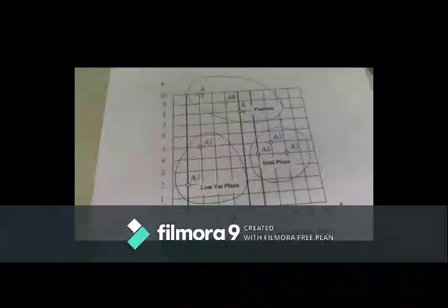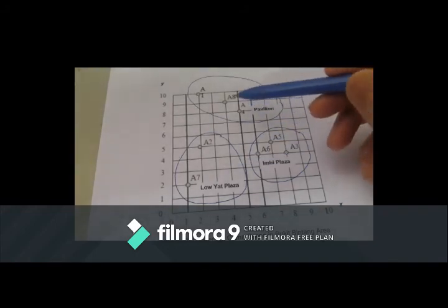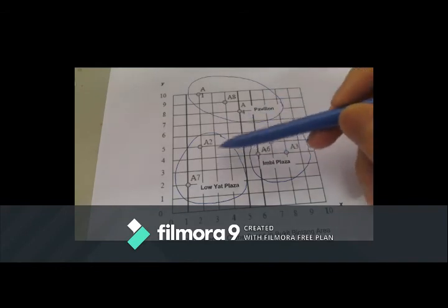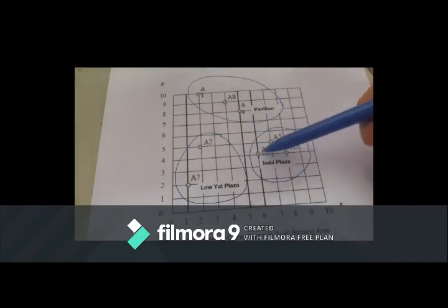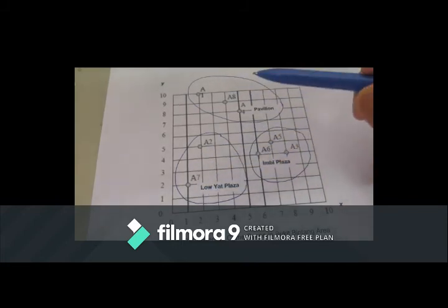Okay, untuk soalan yang last ni kan, untuk soalan yang draw cluster ni, kita kena tahu yang antara 8 titik ni ada 3 titik yang mewakili tempat, iaitu Pavilion A4, and then AB Plaza A6, and then Low Yard Plaza A7. So macam mana kita nak determine which cluster they are belong?